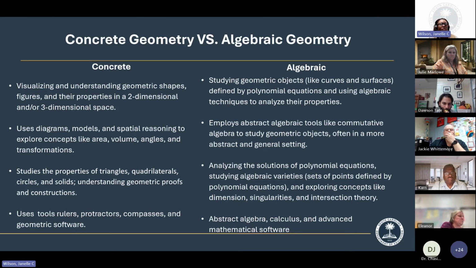It uses diagrams, models, and spatial reasoning to explore concepts like area, volume, angles, and transformation. It studies the properties of triangles, quadrilaterals, circles, and solids, understanding geometric proofs and constructions. It uses tools: rulers, protractors, compasses, and geometric software. What keywords jump out at you in this first column on concrete?